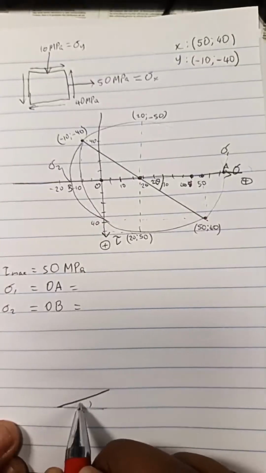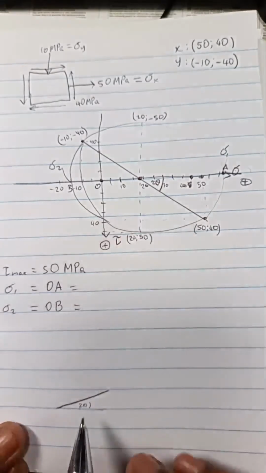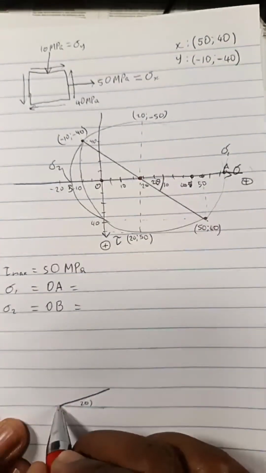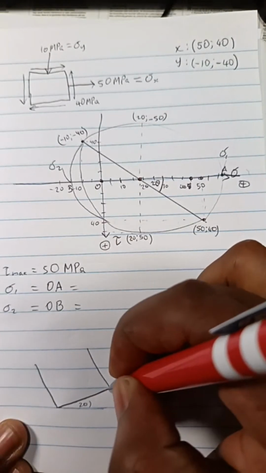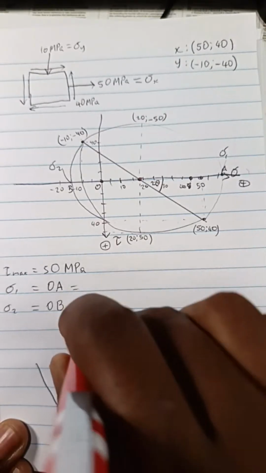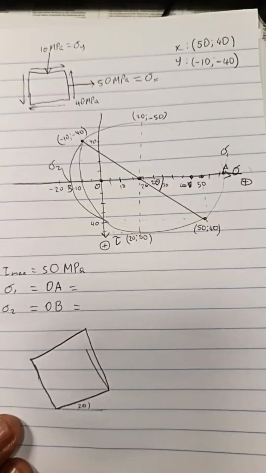So this angle should be 20 if that one is 40. Then you are going to construct that element, but this time you are going to construct it in a rotated form. So it will look like this.